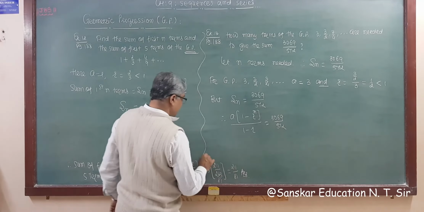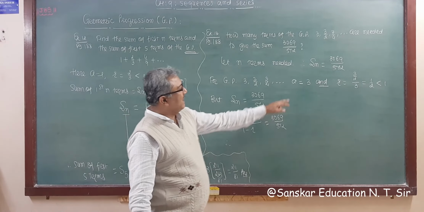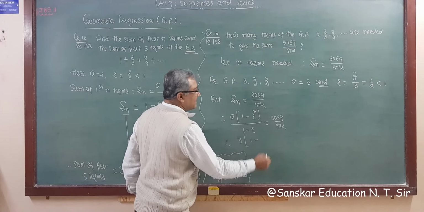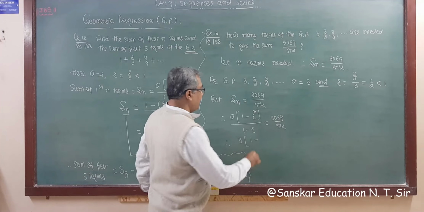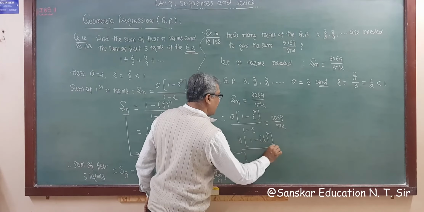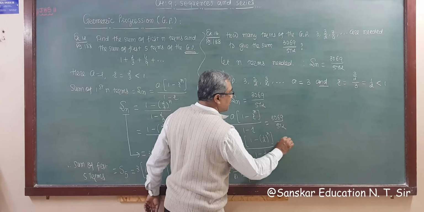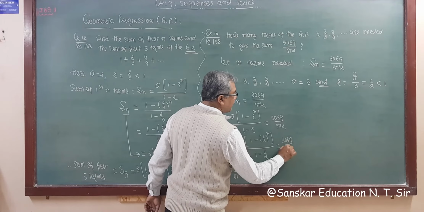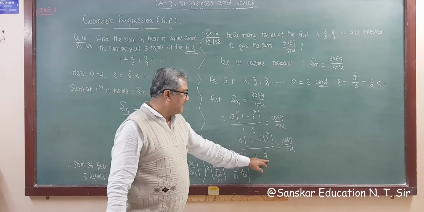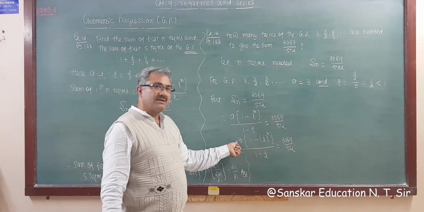So a is 3, substituting the value 3. Here r is half, so half raised to n whole upon 1 minus half is equal to 3069 upon 512. If we take LCM, 2 minus 1 is 1 upon 2, so 2 comes here.